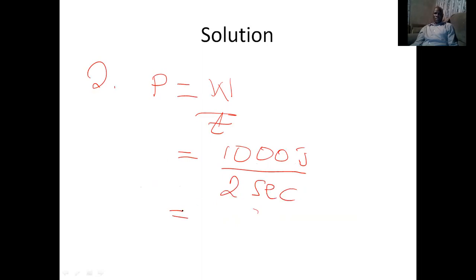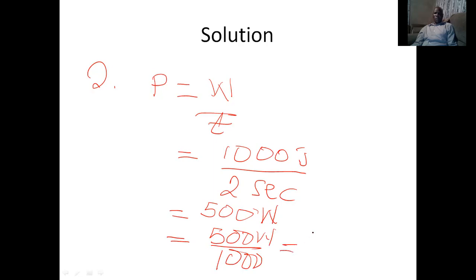When we divide this, it gives us 500 watts, which is equal to 500 watts divided by 1000, which is 0.5 kilowatts. So this is our power.